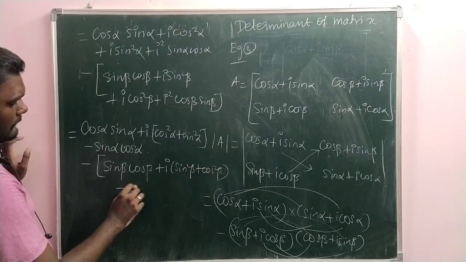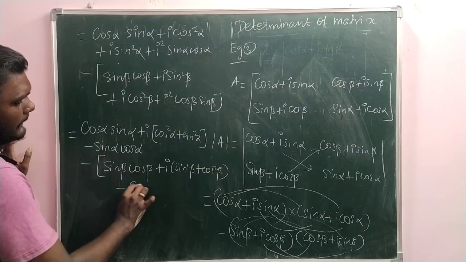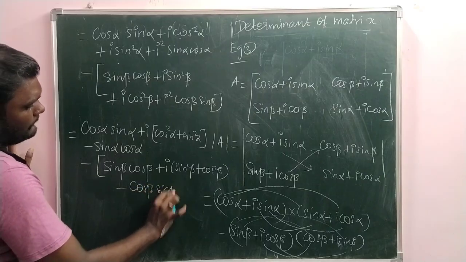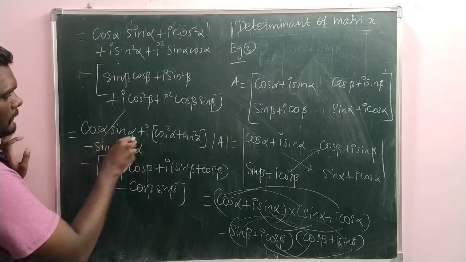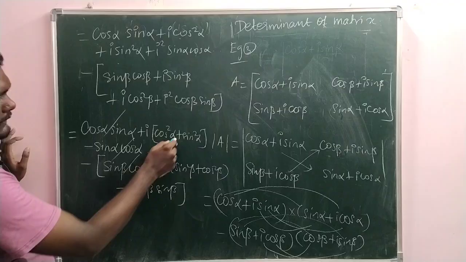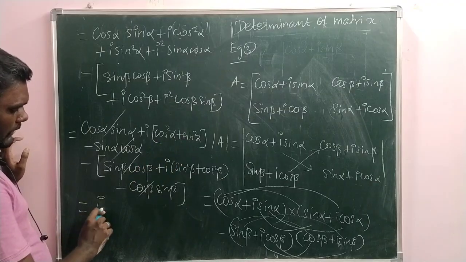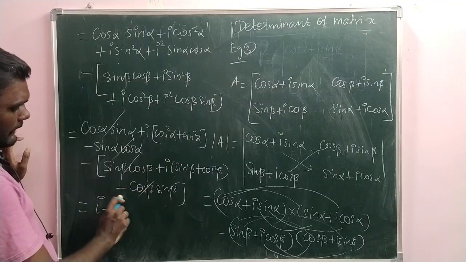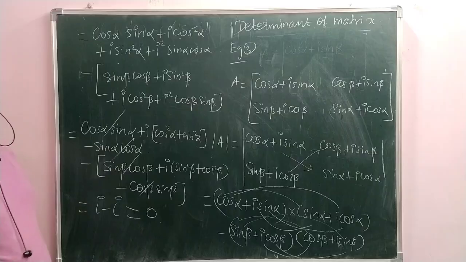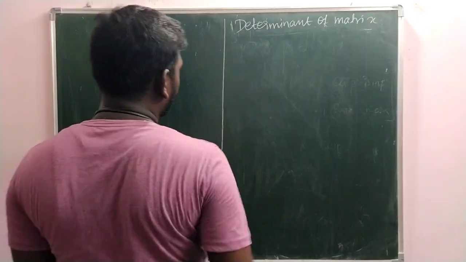Same thing with the beta will come, then minus cos beta sin beta. So these two things get cancelled, these two things get cancelled, this value is 1, we'll get i minus i, we'll get 0.